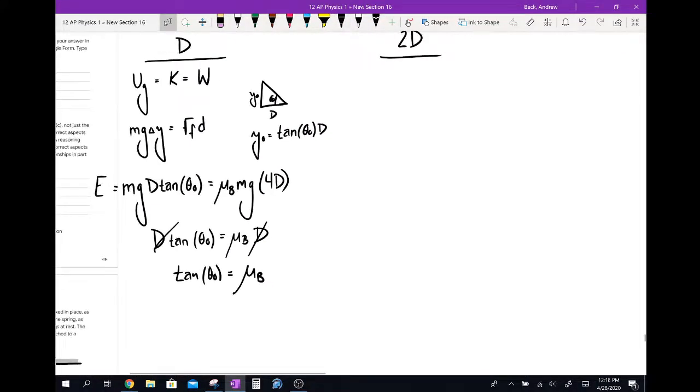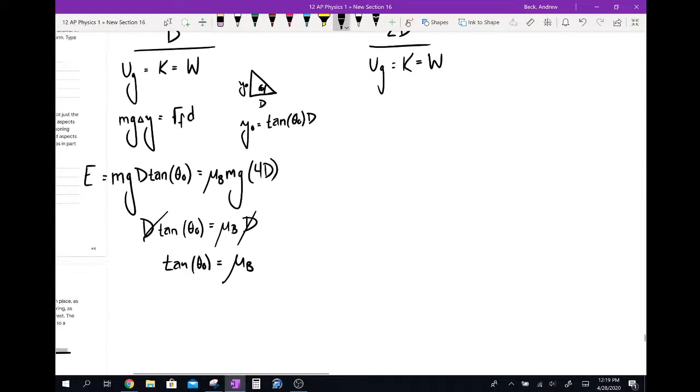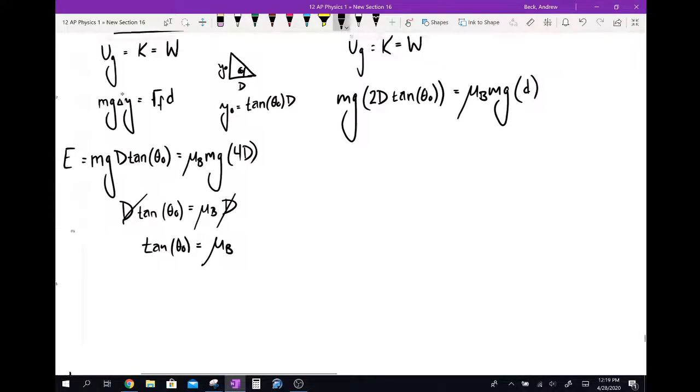So now let's start with the same exact situation. Our total energy is equal to our potential energy, which is transferred to kinetic, which is then transferred to work. We have the same setup where mg times delta y equals force of friction times d. The only difference here is that our height was equal to 2d tangent of theta naught, which is then transferred to our work, this mu b times the normal force times some new displacement d.